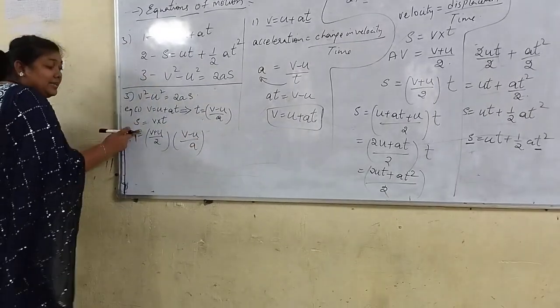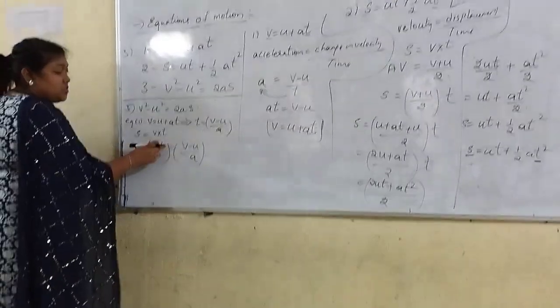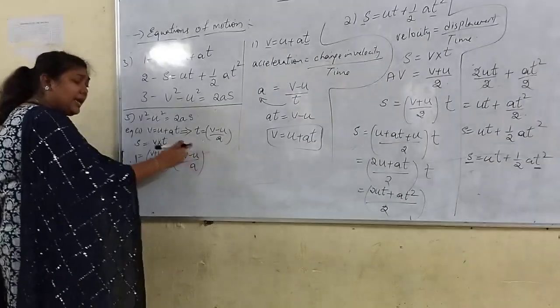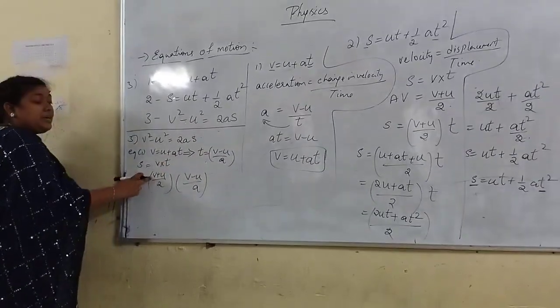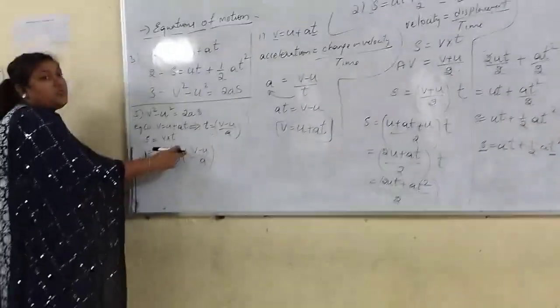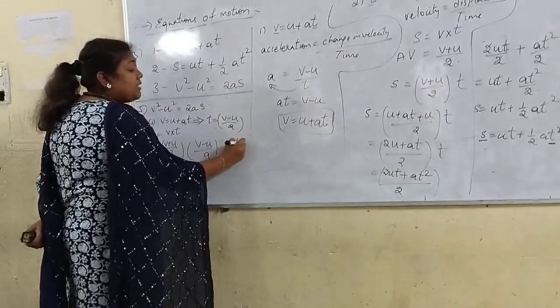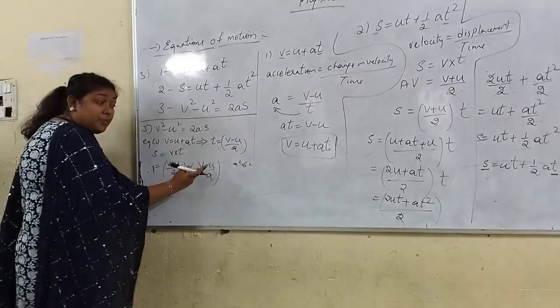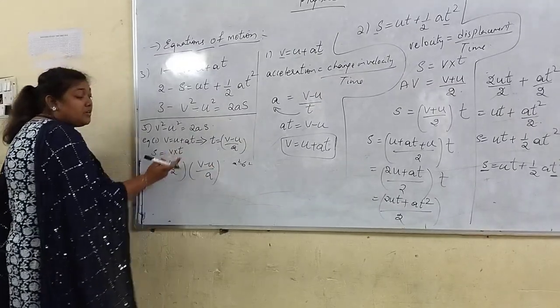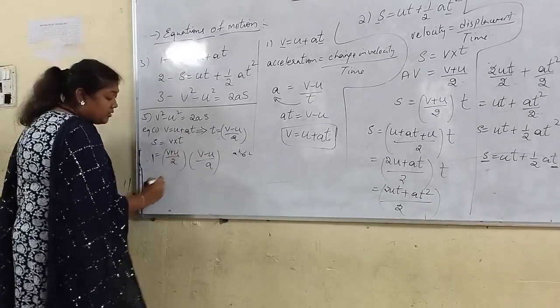If we look here, the top terms are v plus u and v minus u. It looks like a plus b and a minus b. In mathematics, a plus b into a minus b becomes a square minus b square. Similarly, v plus u into v minus u becomes v square minus u square.